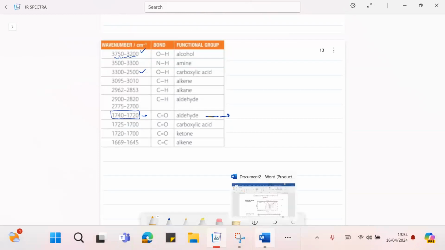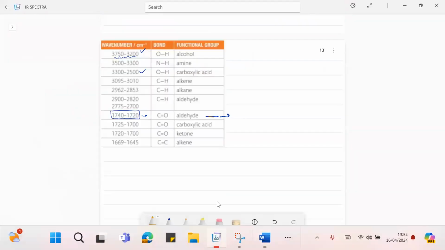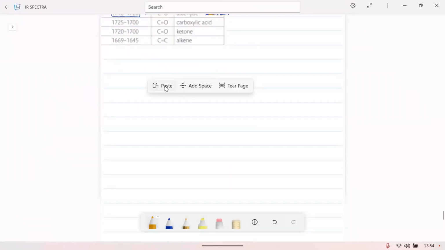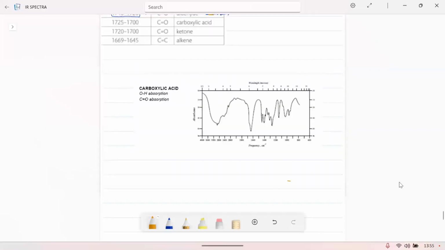Then if I take another example, now if you look over here, this is a different spectrum. Now you are getting a peak somewhere over here, that is an OH peak around the same area, and you also have a C double bond O. So you have an OH peak and you have a C double bond O. This gives us an idea that this is a carboxylic acid.